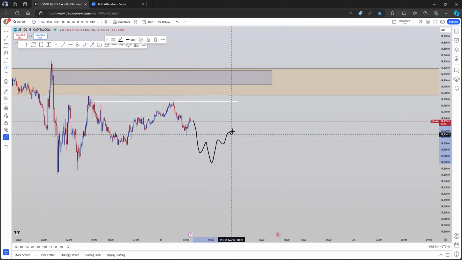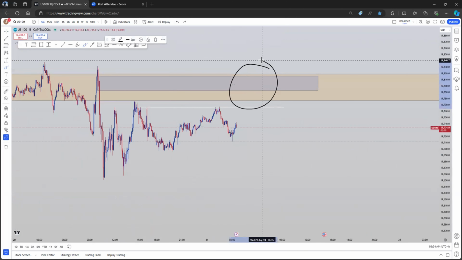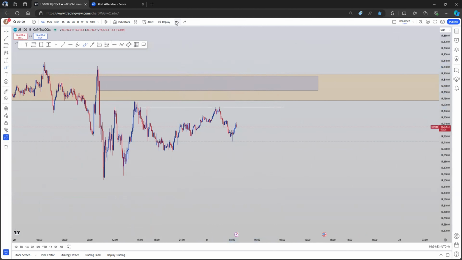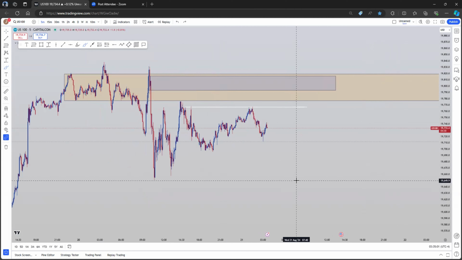All I will be doing is prepping to take price back into this point of interest. Because currently I am looking at this whole area as a point of interest, a magnet, an area to where I would like to see price hit back into, right? So that right there is basically my thoughts on this beautiful pair called the Nasdaq.